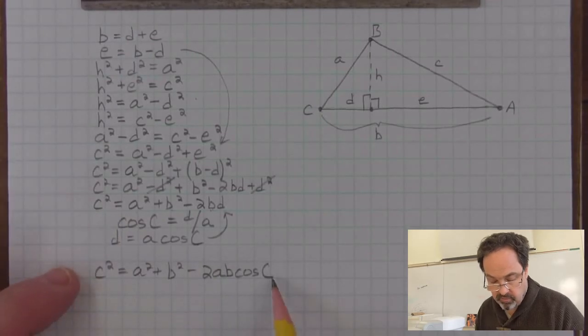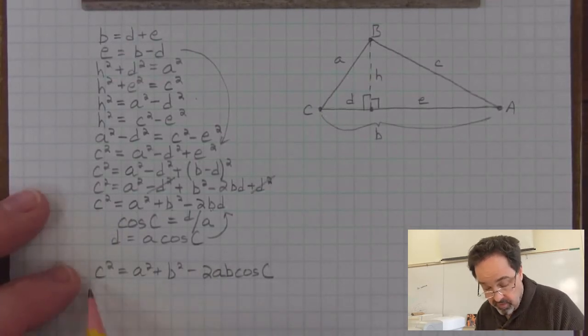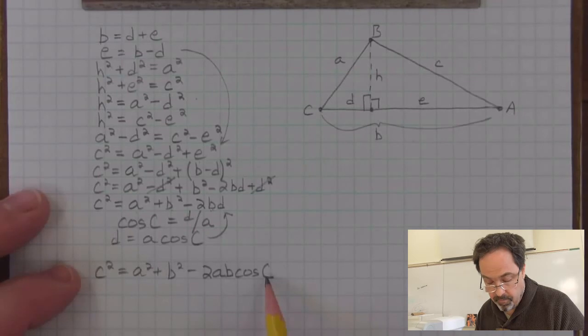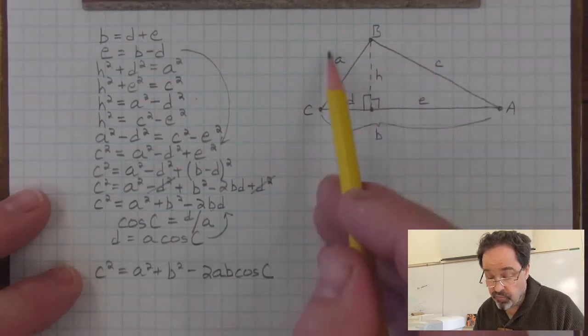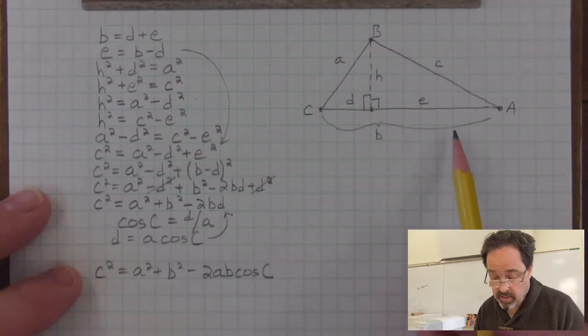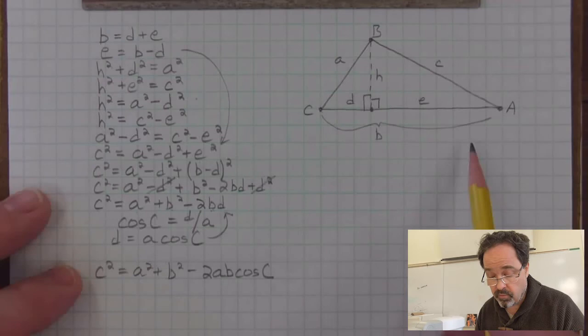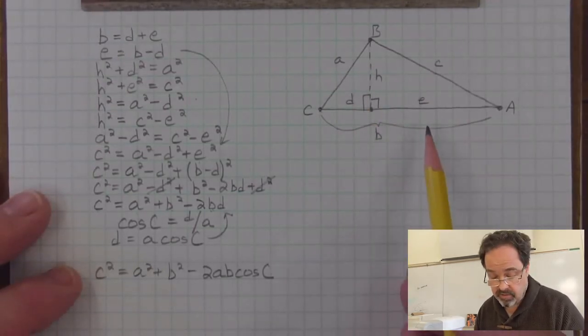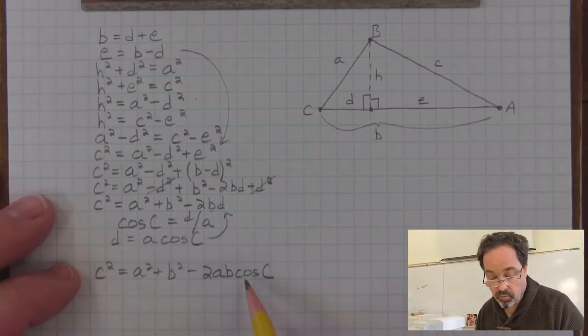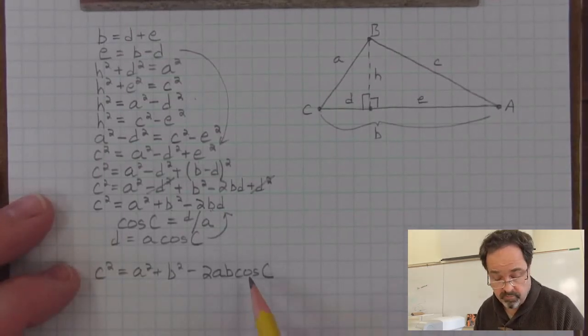This equation here has 3 sides and 1 angle, but they all belong to the triangle. And the triangle is general in that we can label any triangle with sides A, B, and C and angles A, B, and C. So this equation works for all triangles.